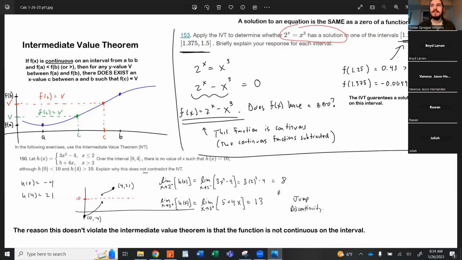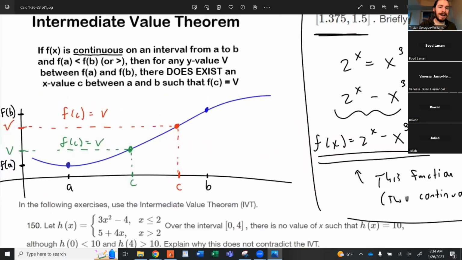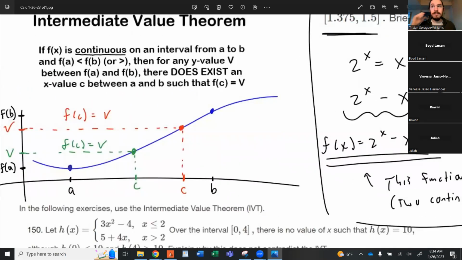A little bit, but then what were you doing on the left side with the V to C, because that's not crossing the x-axis though? Correct. Is it just two different definitions for the theorem? No, crossing the x-axis is a specific application of it, right? In general, you can have an f of a and an f of b, and the value that you're looking for is somewhere in between them.